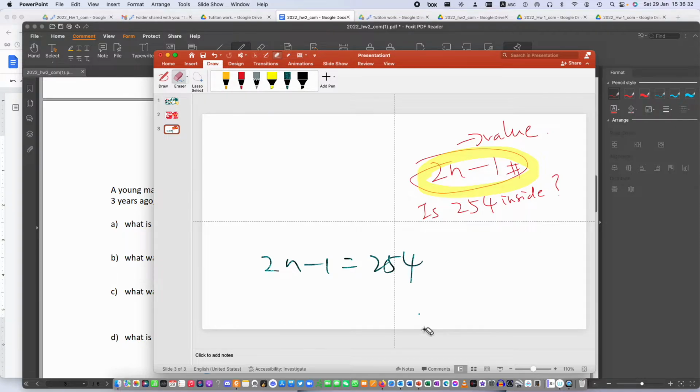Give yourself a simple example if you don't understand how to solve this question. Look. 2n minus 1 equals 254. What's your objective? Find n. So you need to put n together. Then the not n, what do you need to do? Get rid of it. Okay, very good.